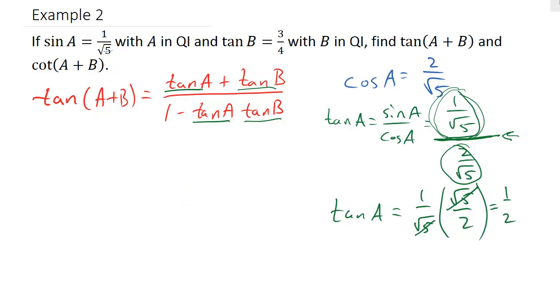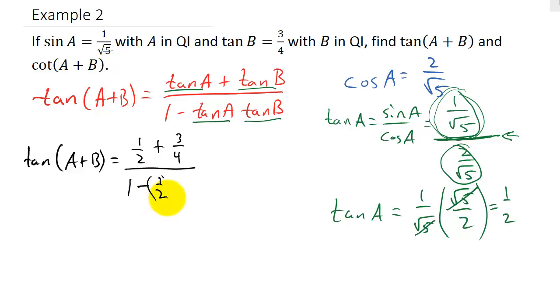So this is going to give me tangent of A plus B is equal to tangent A, which is 1/2, plus tangent B, and tangent B is 3/4, over 1 minus tangent A, which is 1/2, times tangent B, which is 3/4.